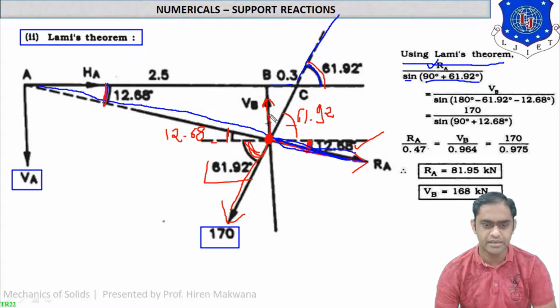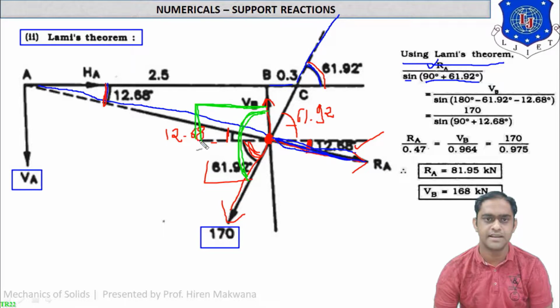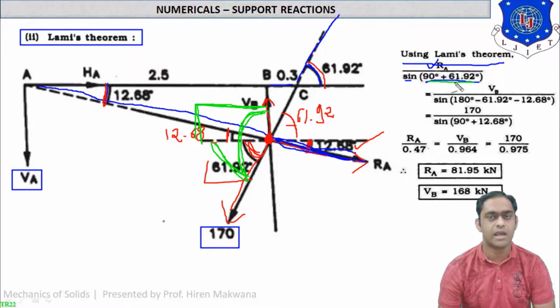It is from VB to 170, this total angle. VB is vertical only, so first this angle is 90 degree, and in this 90 you will add 61.92. So you will get the total angle 90 plus 61.92. Okay, so the first step is complete for RA.